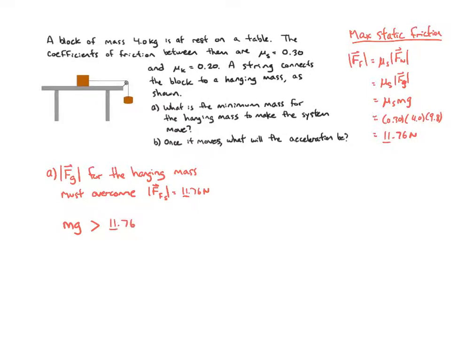And I know that g is 9.8, so something times 9.8 has to be bigger than 11.76. So I can figure out the specific value by dividing both sides by g. So divide by 9.8.